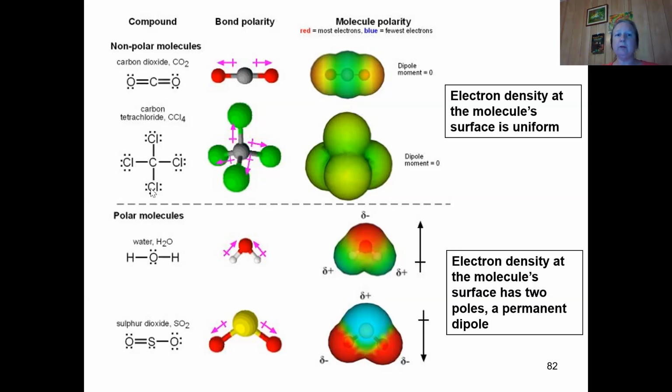Carbon tetrachloride is tetrahedral. You have perfect placement of each atom away from the center with the exact same bond angle between them all. So even though chlorine is very electronegative, you have an equal and opposite pull from each one. It cancels out. This is nonpolar, and here's the actual image of carbon tetrachloride.